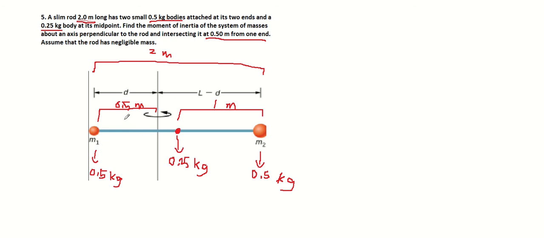Ito yung magiging radius nung M1, 0.5 meters. So, isulat natin I. So, I is equal to M1 or mass 1 natin. Ito pala, kakalimutan ko, label mass 3 natin to, yung nasa gitna. So, M1 times radius 1 raised to 2.